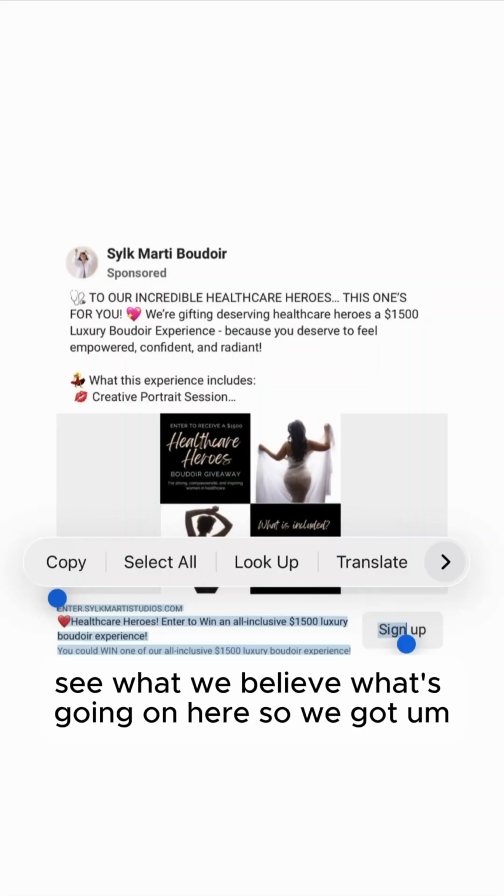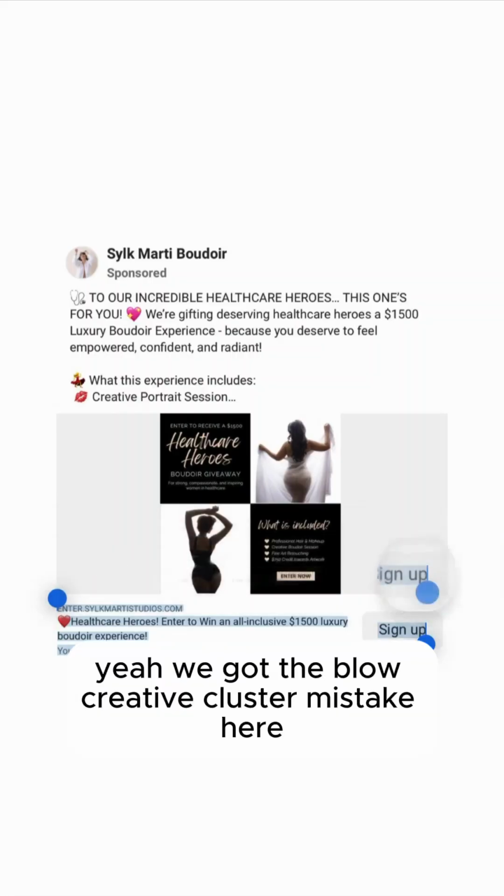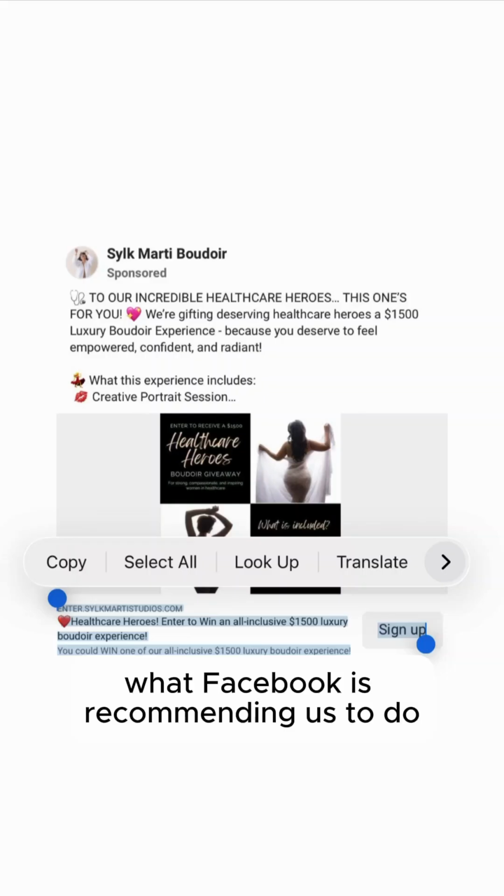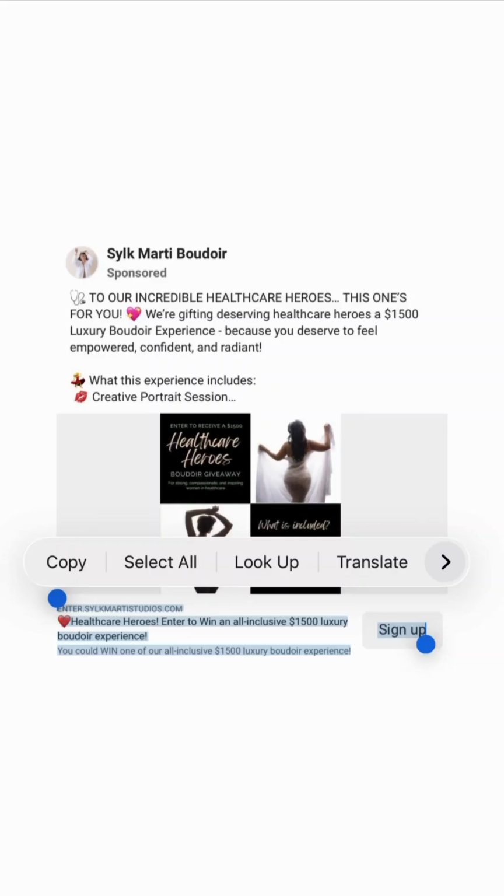So we got the below creative cluster mistake here. The false belief causing us to make this mistake is we are following what Facebook is recommending us to do.